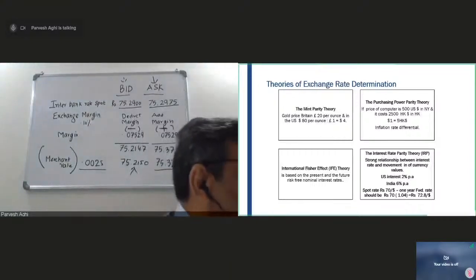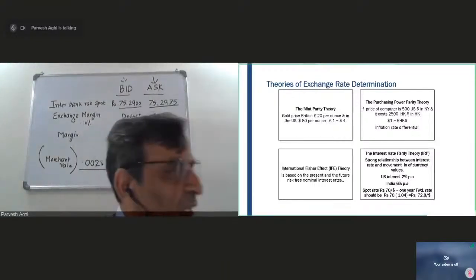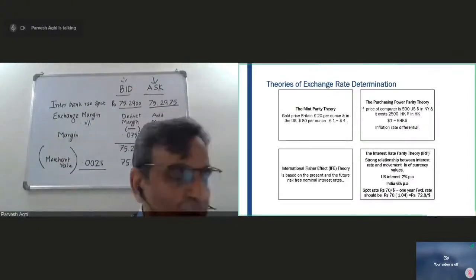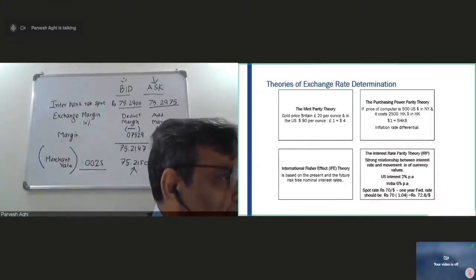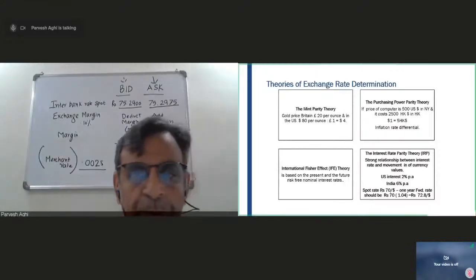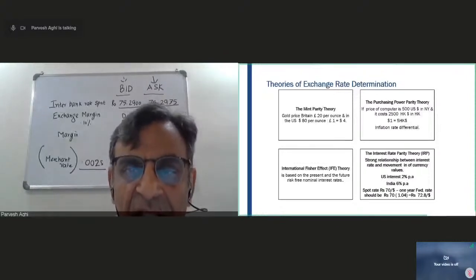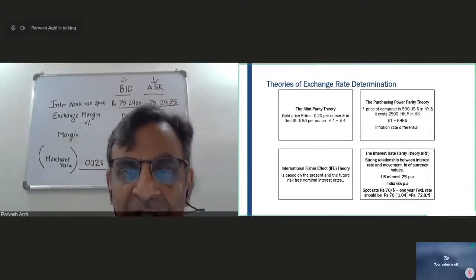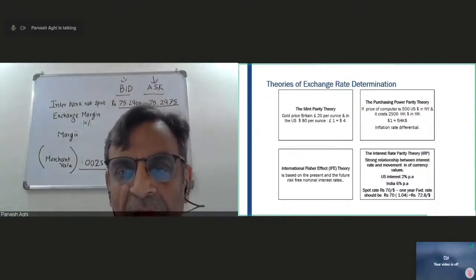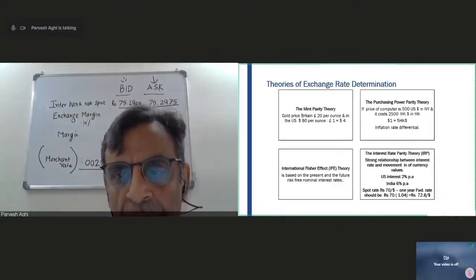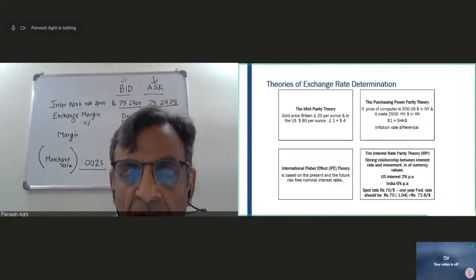Very, very important. Most of your questions in your study material will be containing these types of questions. So please understand, after we understand this theory, we'll be moving on to study material questions very shortly. Interest parity theory says that there is a strong relationship between interest rate and movement in the currency values. Let's take an example.